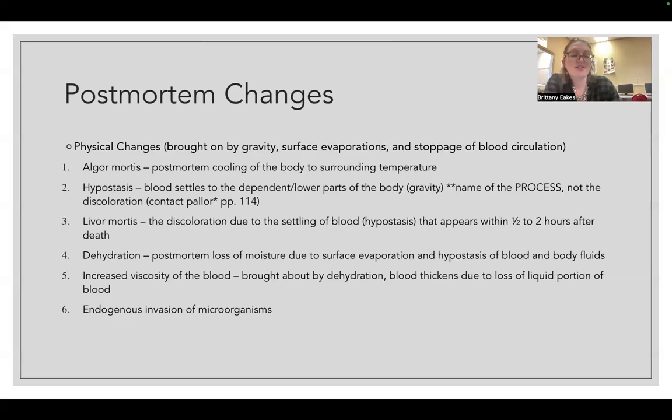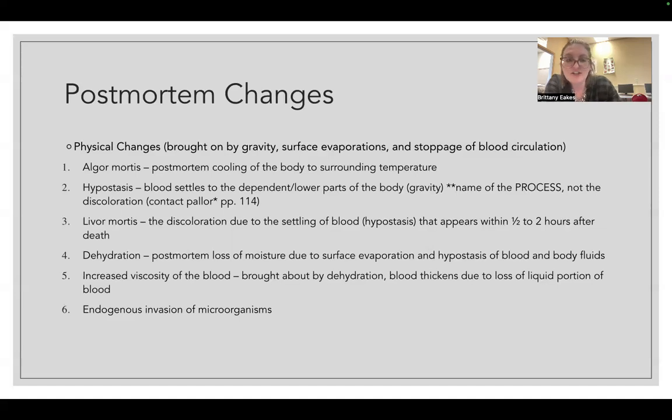Body coverings are an extrinsic factor. This is clothing or other coverings that protect the skin from exposure to the environment. This adds insulation to the body and slows the process of heat loss.